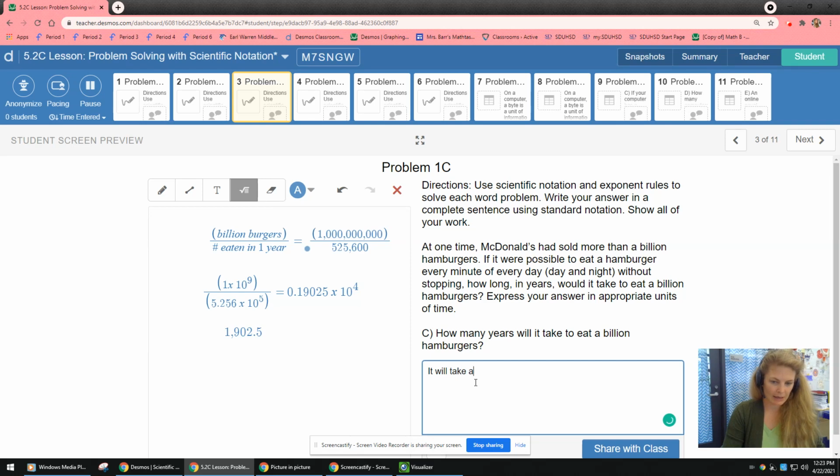It will take a person about 1,902 years to eat 1 billion hamburgers if they ate 1 burger per minute. Wow. Always use your spell check.